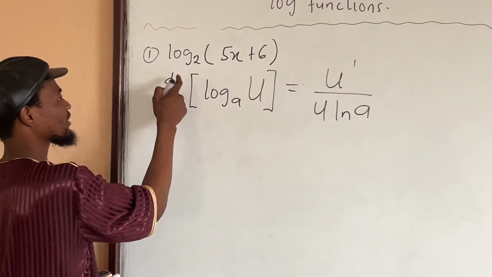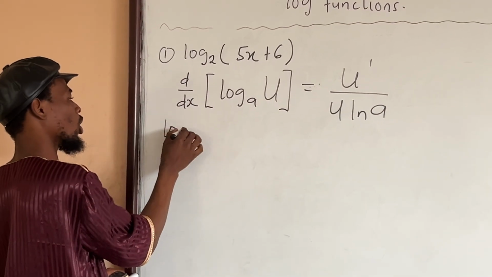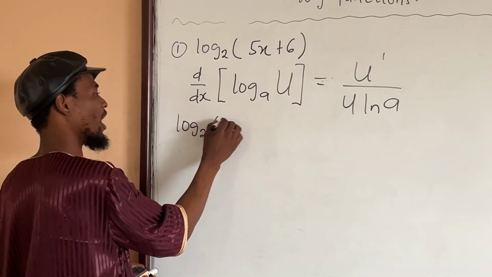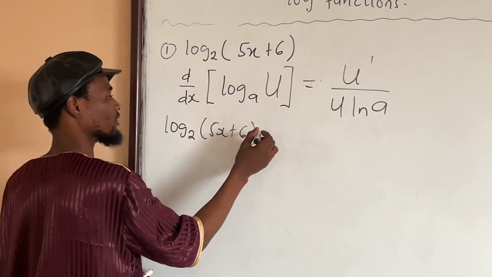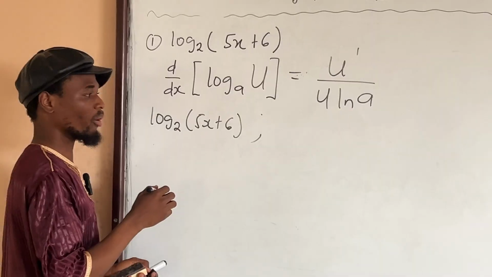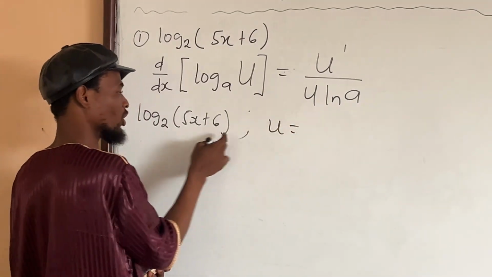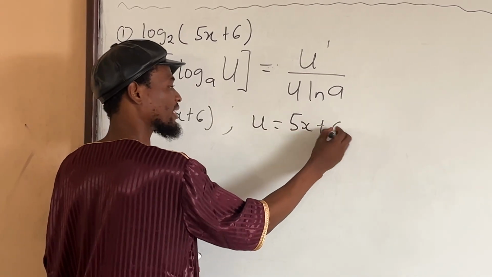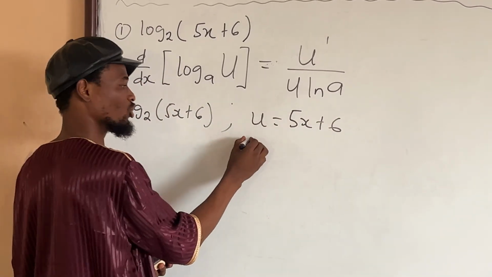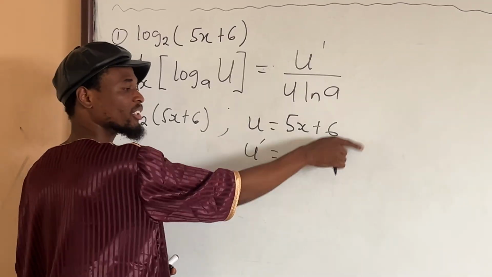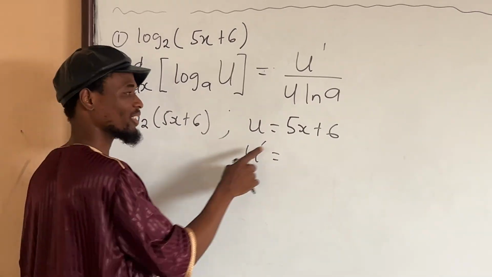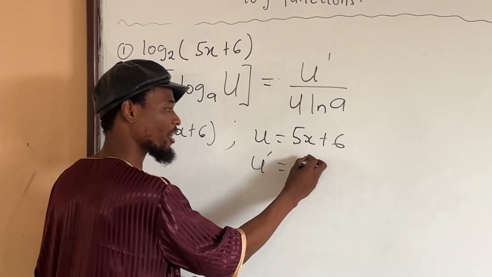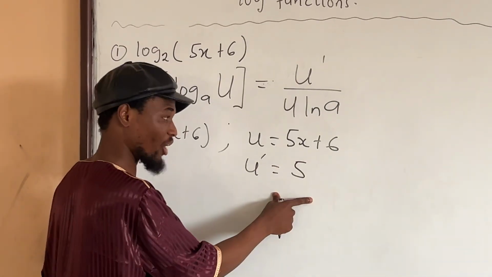So for log to the base 2 of 5x plus 6, we can say that u is equal to this expression, 5x plus 6. So what will be u differential? U differential will be the derivative of the whole function with respect to x. When you differentiate 5x, we have 5. When you differentiate the constant, we have 0.